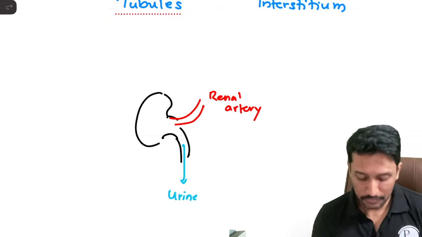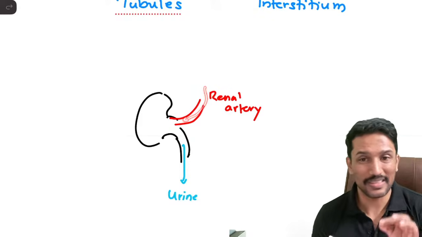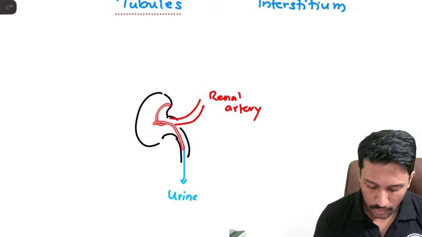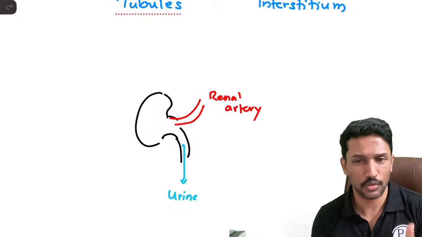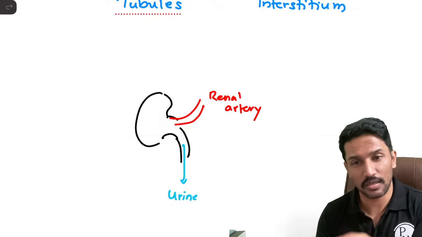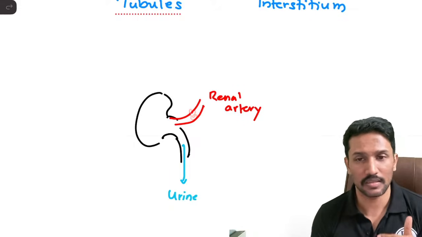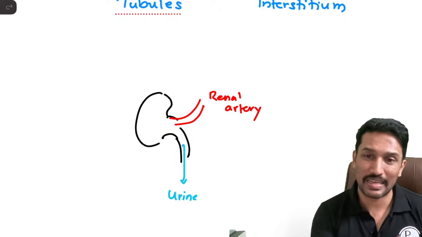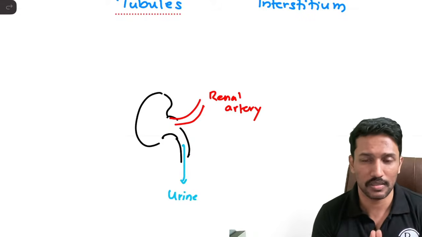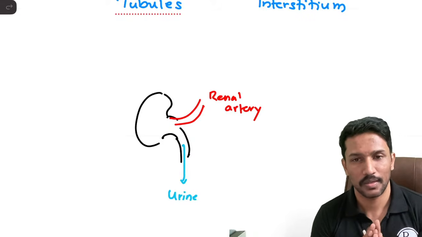And if I have any decrease in the blood flow to the kidneys, they will not be able to filter. So sufficient urine production won't happen, sufficient creatinine clearance won't happen, sufficient urea clearance won't happen. So urea, creatinine, and all other metabolic waste products will stay back in the blood. Creatinine level will increase, blood urea level will increase. But why is this happening?